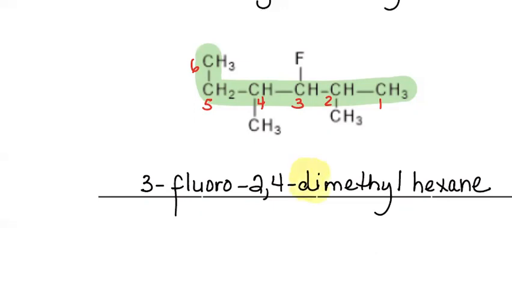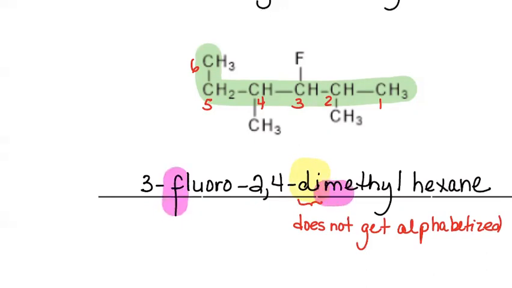Di does not get alphabetized. So when we are comparing here, what I'm alphabetizing, I'm comparing the M in methyl to the F in fluoro.